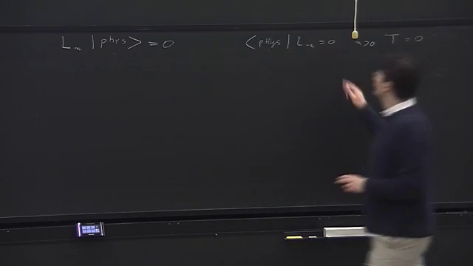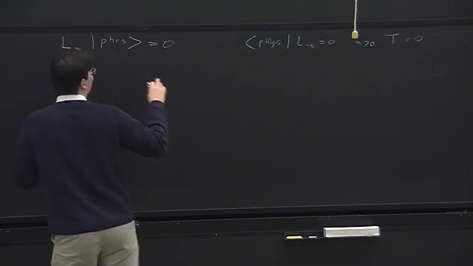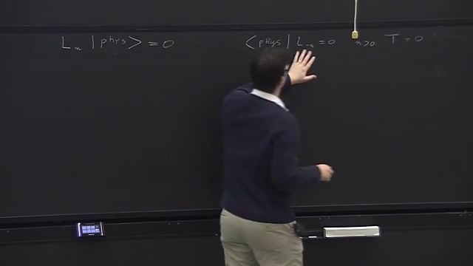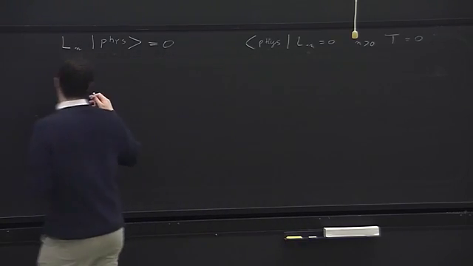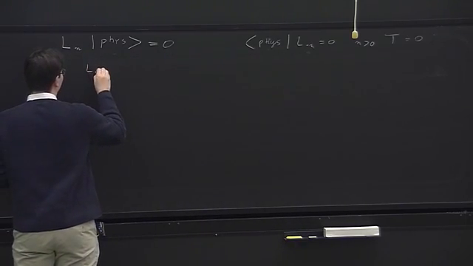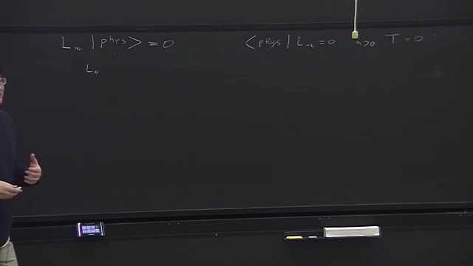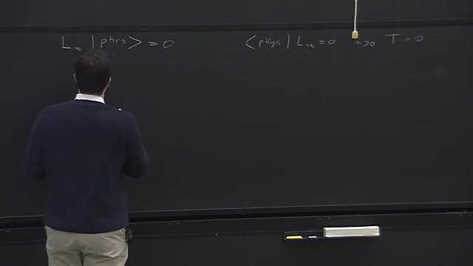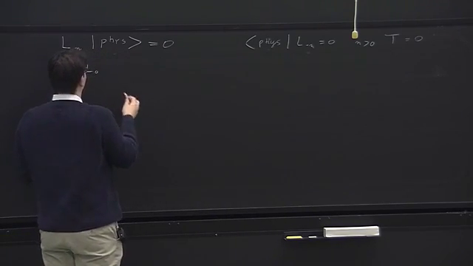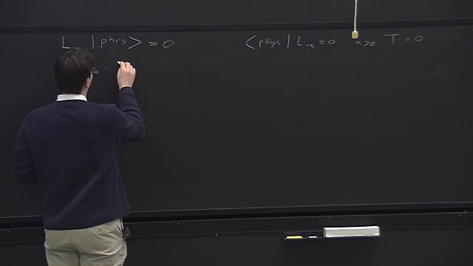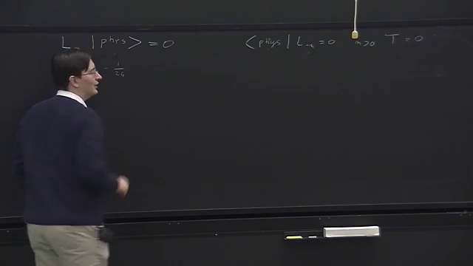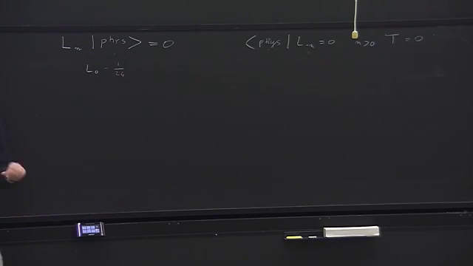Now, I said it about the L_n. I didn't write anything about L0. So you would expect I should put something like L0. The 0 mode of the stress tensor was L0 minus 1/24 for a single scalar.